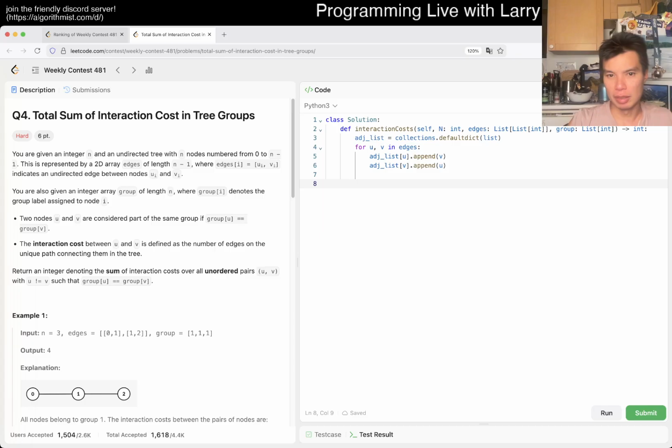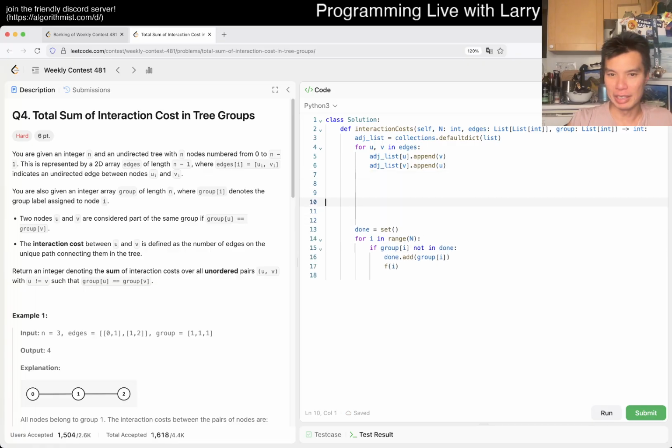So, done is equal to set, for i in range of n. Is it 0 based? It is. Good. If group sub i is not in done, done.add group sub i, and we just, I'm trying to name it honestly, but it's fine.